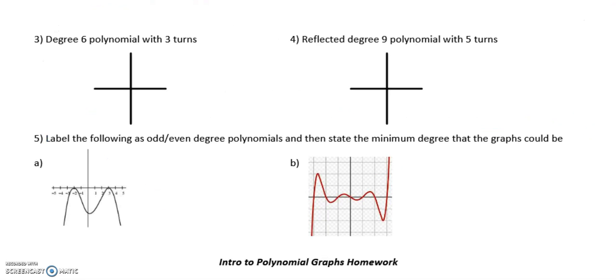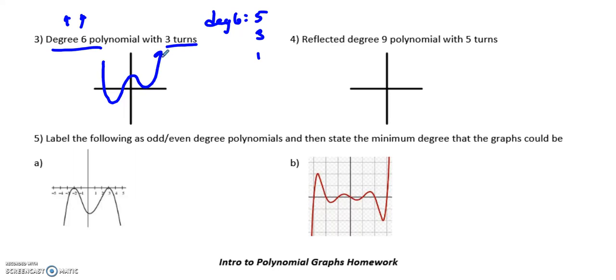Over to my next example, I want a degree 6 with 3 turns. So if my degree is 6, I could have 5, 3, or 1 turns. So I know degree 6 is probably up, up, because it doesn't see differently. So there would be a degree 6 with 3 turns. 1, 2, 3.